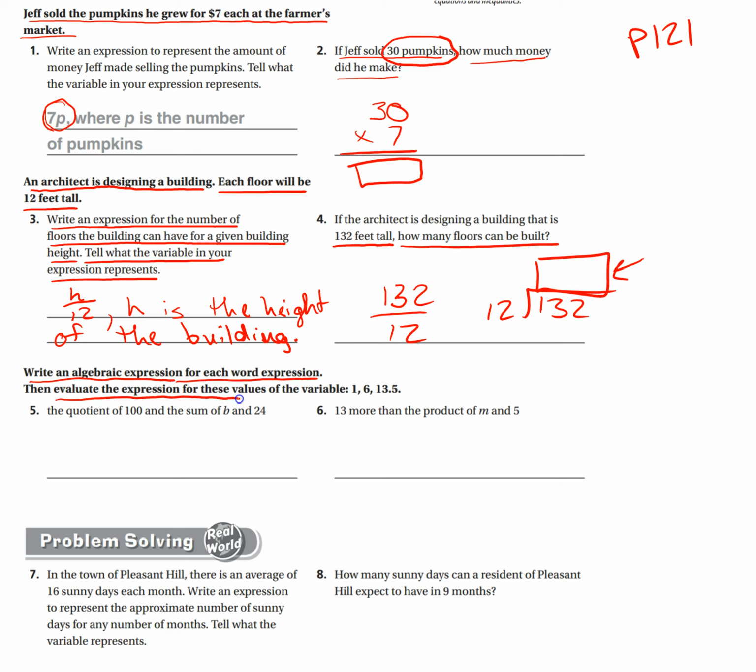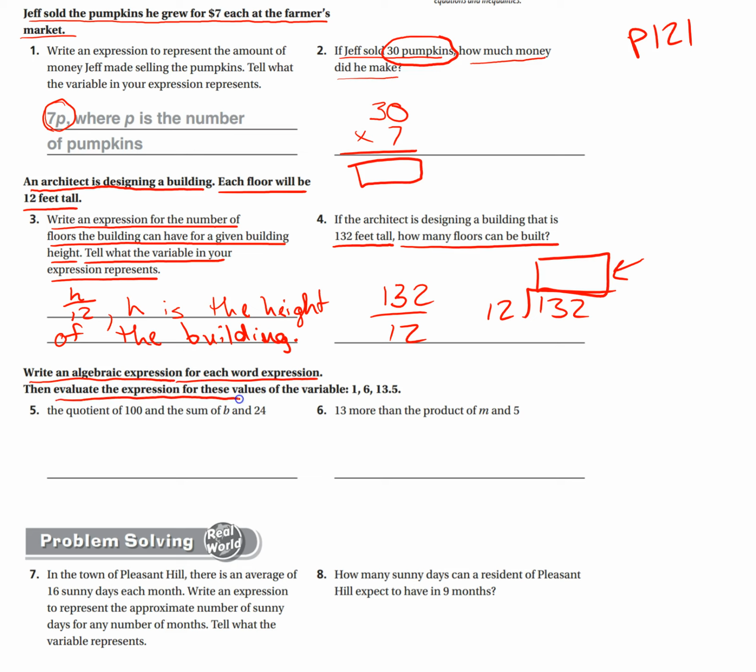So the quotient of 100, so 100 divided by, and then the sum of b and 24. Sum means plus, so b plus 24. So the quotient, or the answer to the division problem, is 100 divided by the sum of b and 24.